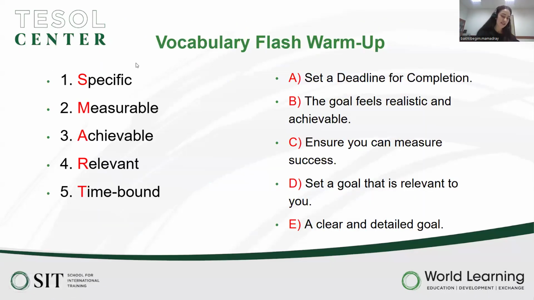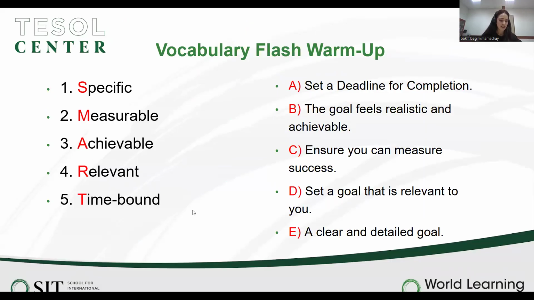I used here SMART strategies because if our objective is specific, our assessment becomes easy and clear. For example, if our objective is that your students will use past simple to describe past events, your assessment should be that your students will say or write 5 correct sentences in past simple.